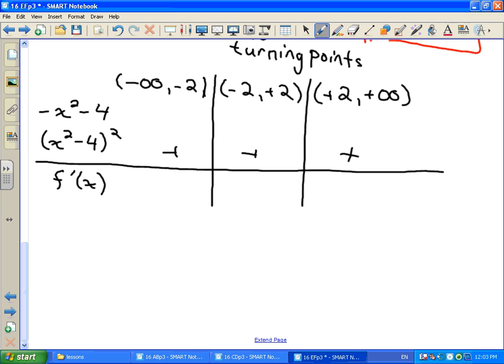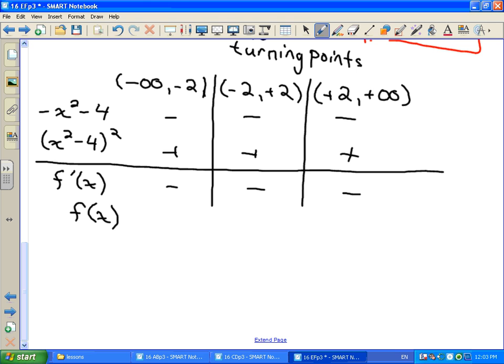Our first one, let's see. Anything we put in for x squared is going to be positive. The negative will make it negative. So a negative minus a positive is always going to be negative. So this one is going to be negative everywhere. So our first derivative is always negative.